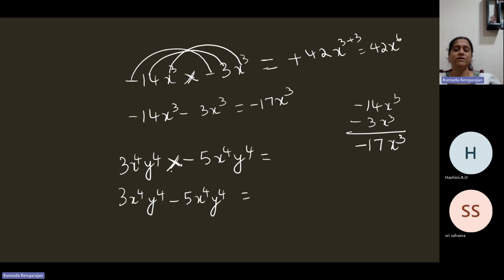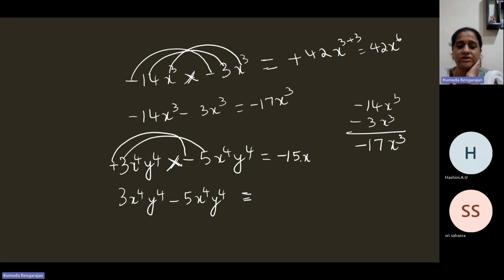When multiplying, you multiply the signs, plus into minus is minus, multiply the numbers, 3 times 5 is 15, and you should also multiply the letters. X to the power 4 into x to the power 4 is x power 8, y power 8.